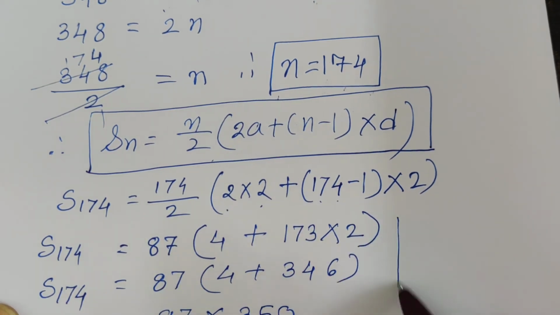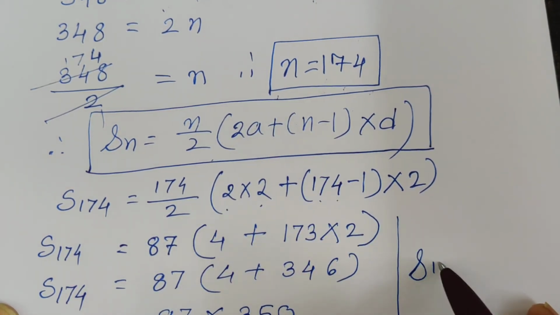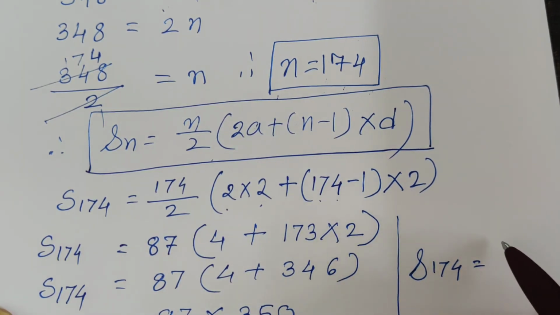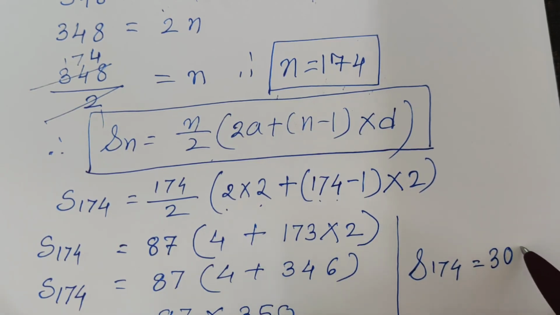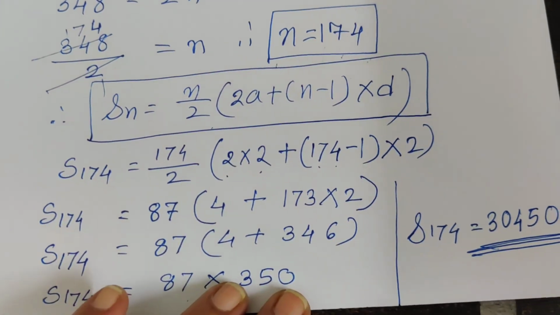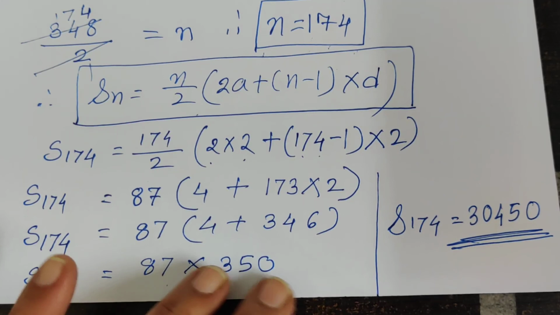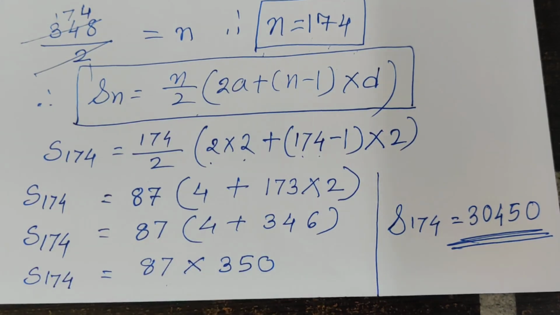So the sum of 174 terms equals the product of these two, which is 30,450. So this way we get the sum of all the even natural numbers present in between 1 and 350.